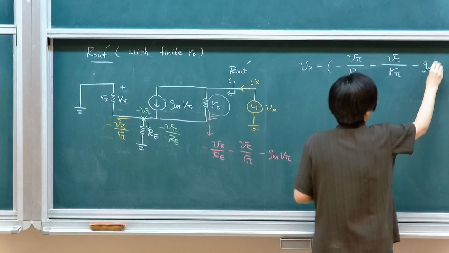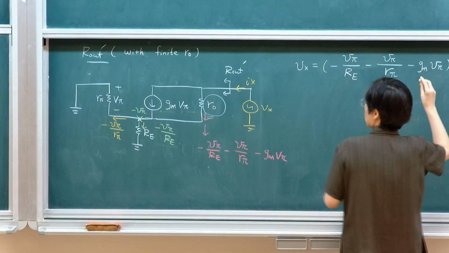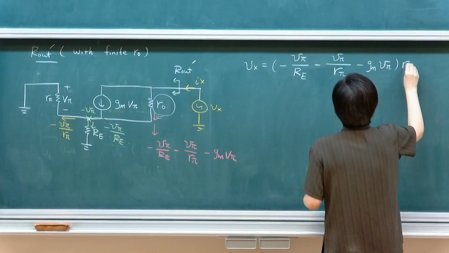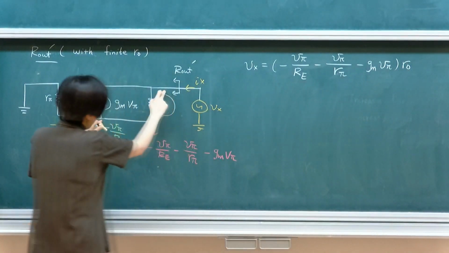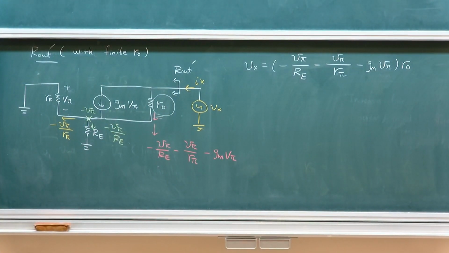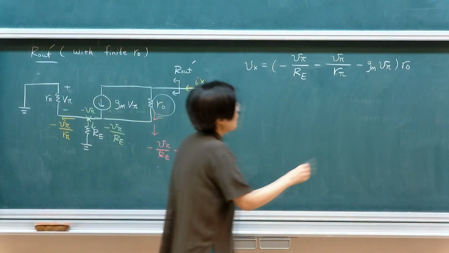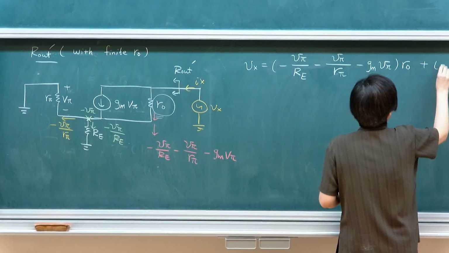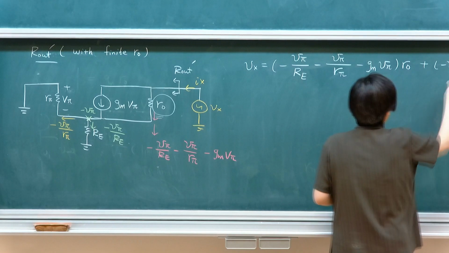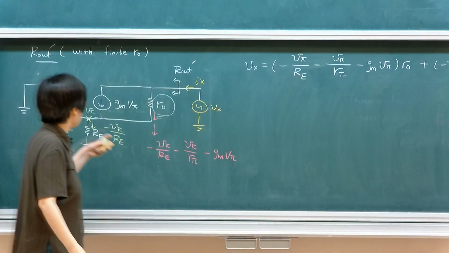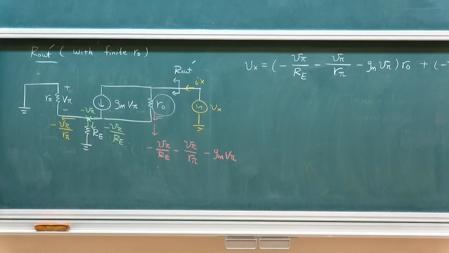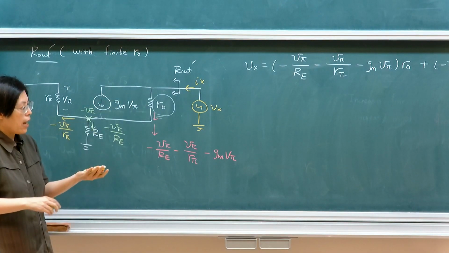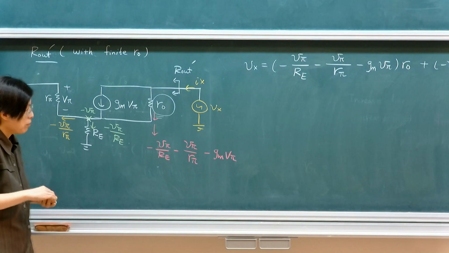You can actually do this exercise on your own, but let's just do it today. So this will be the voltage across collector and emitter, and then plus what? Plus minus V pi, right? Minus V pi is the voltage at the emitter terminal. So you define everything as a function of V pi again.